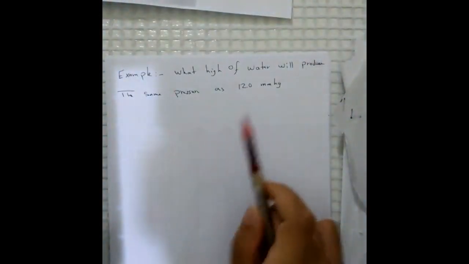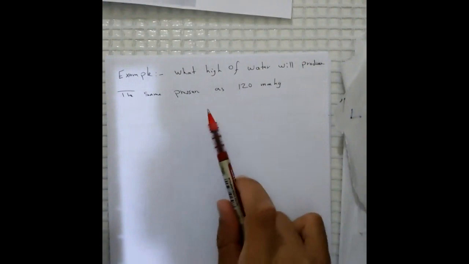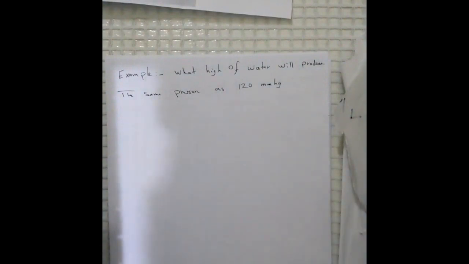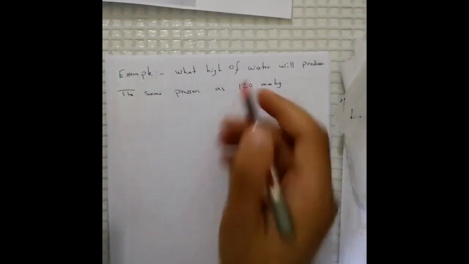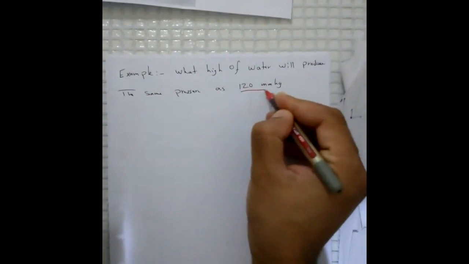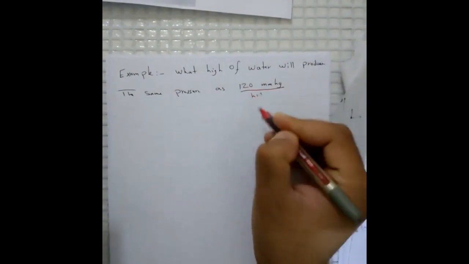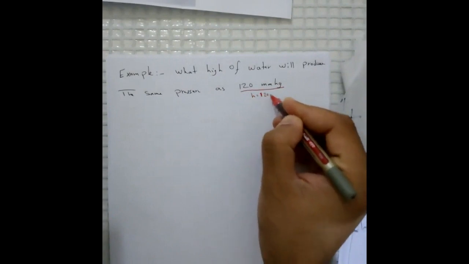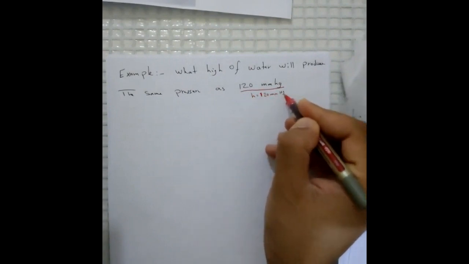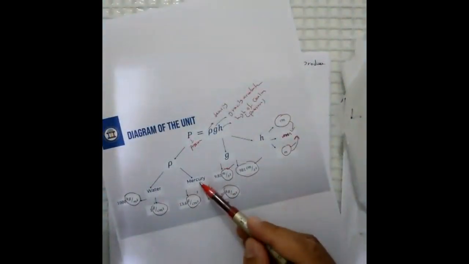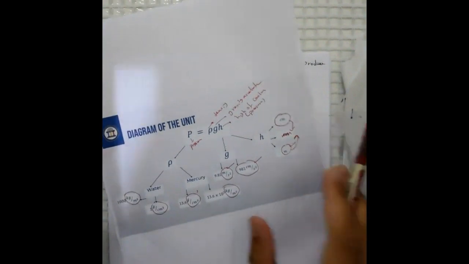Start with: what is the height of water that will produce the same pressure as 120 millimeter mercury? When you see millimeter mercury, he is talking about H, and mercury is the indicator. You will use the density for mercury because he said mercury.